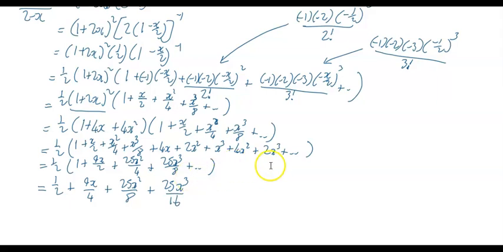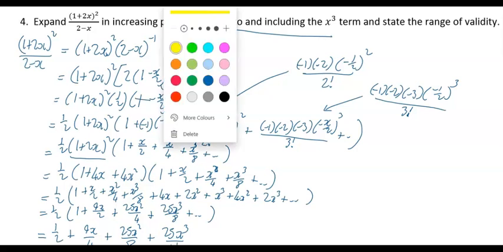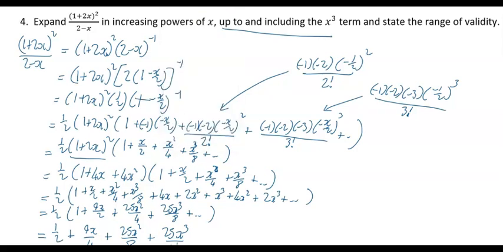Okay, let's look back at what the expansion was. This bit up top was the bit that we were expanding. It was 1 plus x over 2.